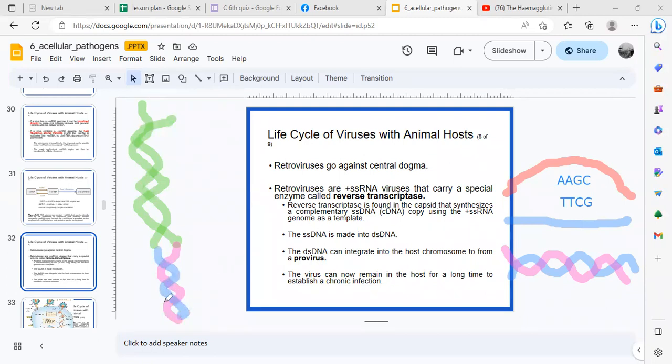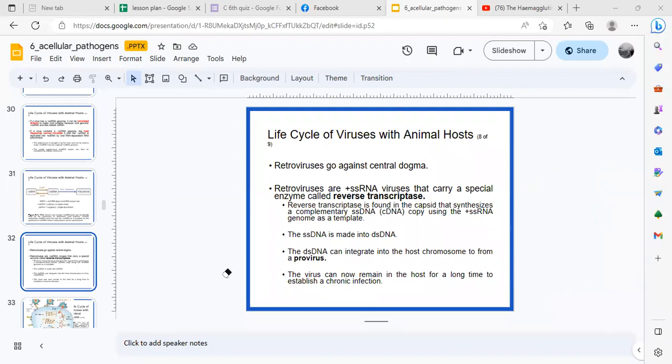So yun, na-insert siya. So ang tawag dyan sa portion na yan, ang tawag dyan ay yung provirus. So yan, continuous pa rin yung DNA mo. Na-insert lang yung portion. Itong portion na to, tinatawag na provirus. Okay?